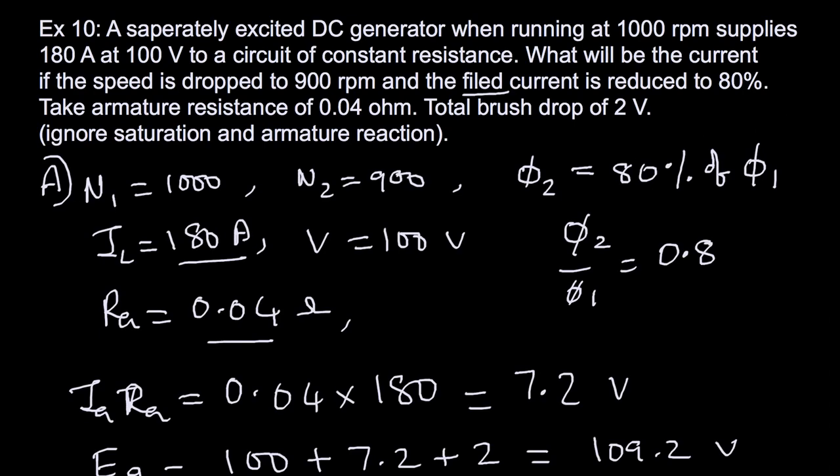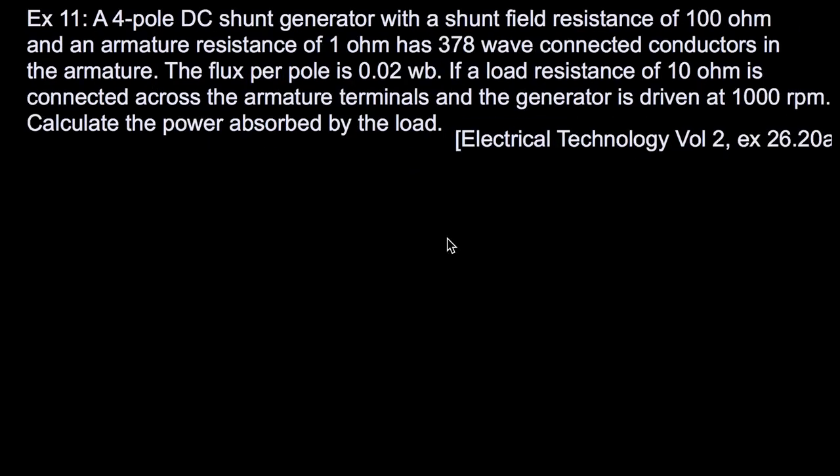We'll do more problems. Let's look at example 11. This is actually a problem taken from Electrical Technology Volume 2, example 26.20a. In fact, other problems are also derived from the same book.